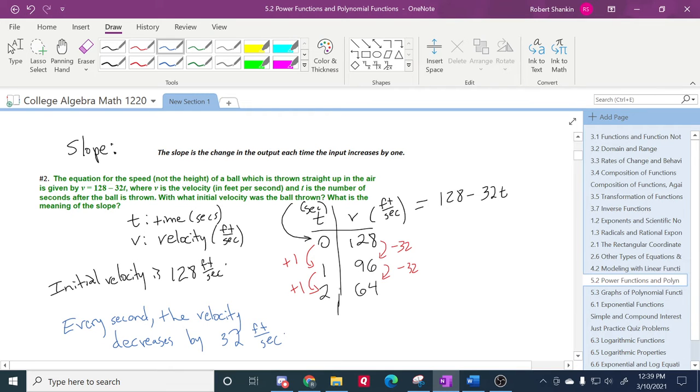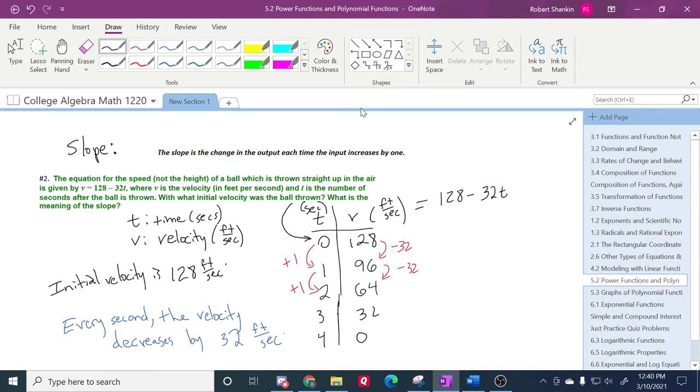So what happens is if you kept this thing going, at 3 seconds it would drop another 32 to 32. At 4 seconds it would be at 0. Now that would be the highest point. The velocity of the ball, how fast it's going upwards, it's getting slower and slower and slower because gravity keeps slowing it down.